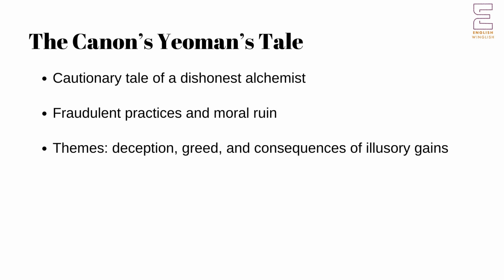The tale serves as a critique of alchemy and the gullibility of those who seek quick wealth through dubious means. Through his narrative, the Canon's Yeoman highlights themes of deception, greed, and the destructive consequences of pursuing illusory gains at the expense of integrity and hard work.